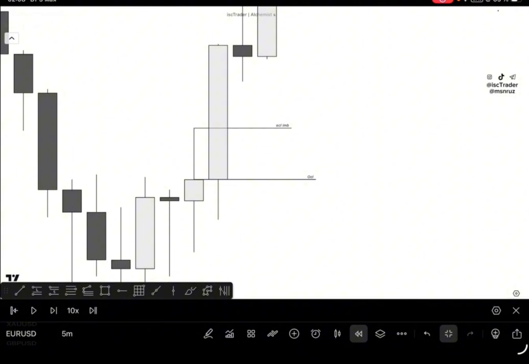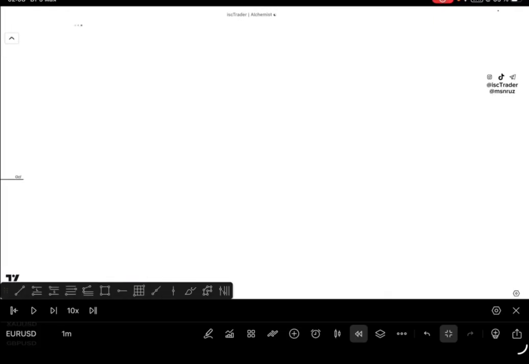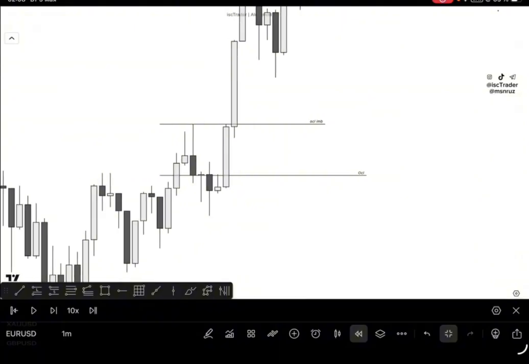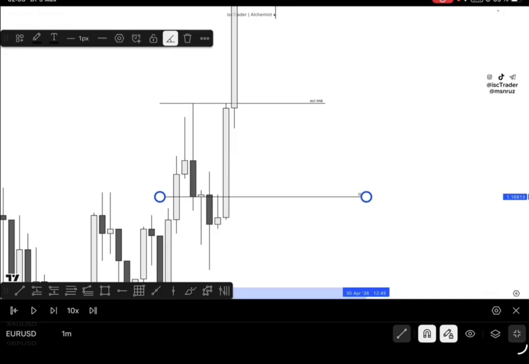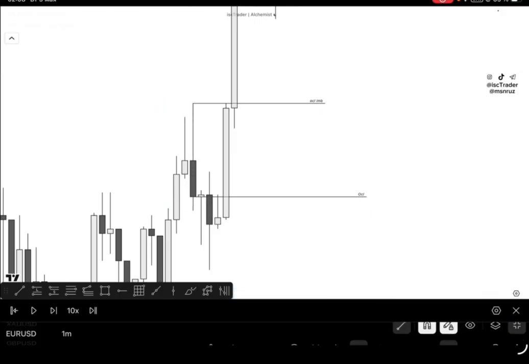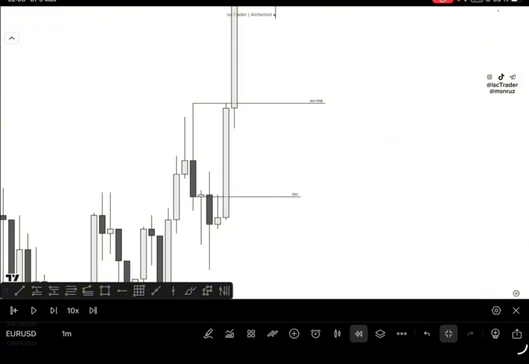Now, are these zones of ours valid or invalid? We need to check this too, and we switch to a 1-minute time frame. Look, pay attention. This is the open candle level on the 5-minute.